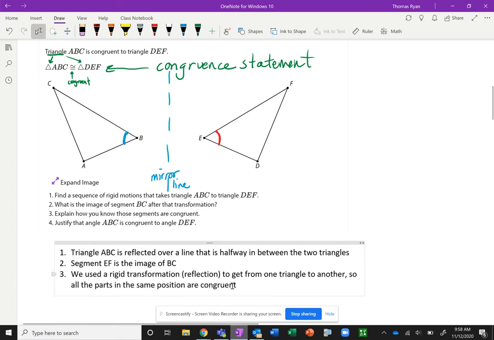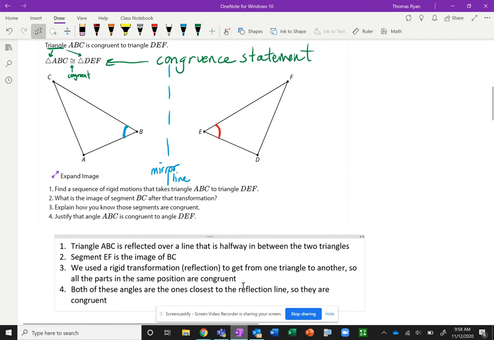So once again, justify that they're congruent. Both of these angles are the ones closest to the reflection line, so they are congruent because they're the ones that match up with each other.